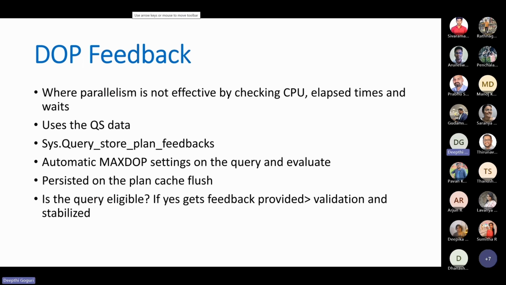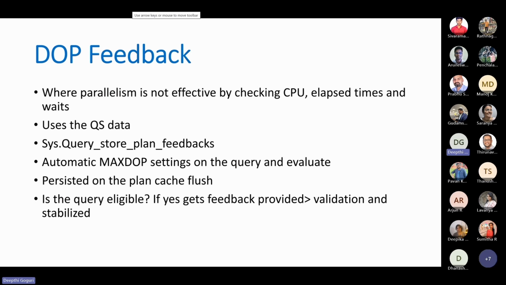So all this DOP feedback does is look for a value where the query can execute with a low MAXDOP value, down to 2. It will stop at 2. It won't go lower than 2.